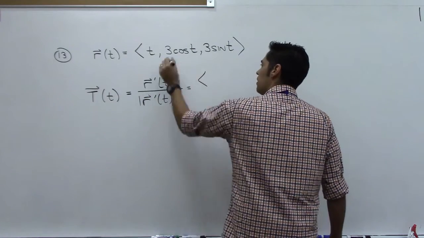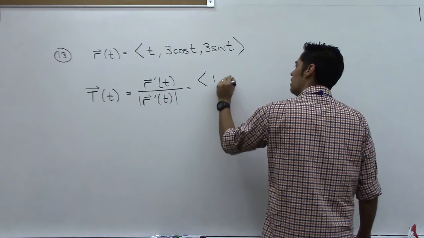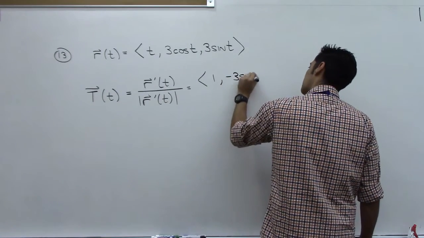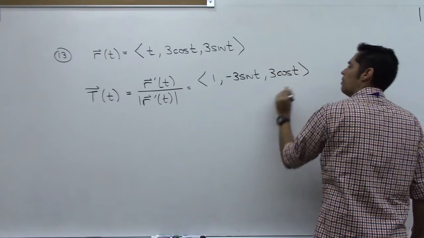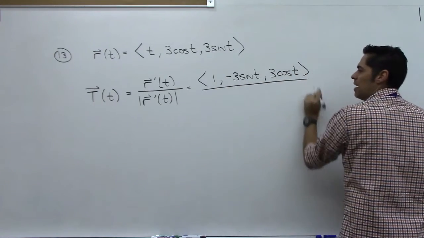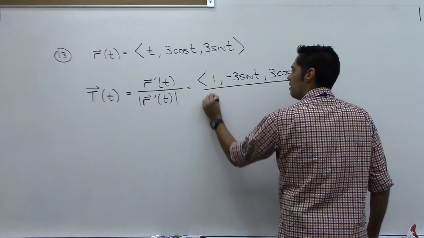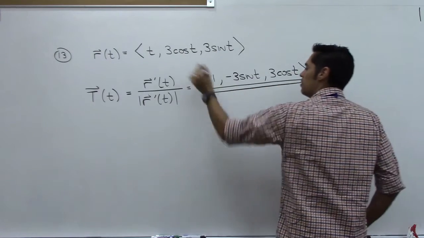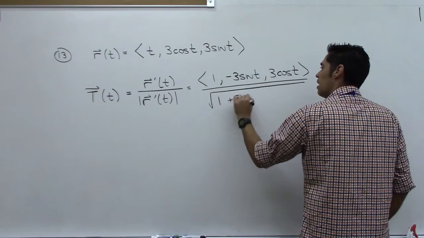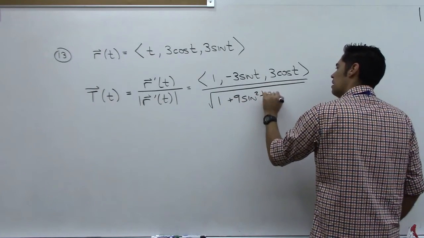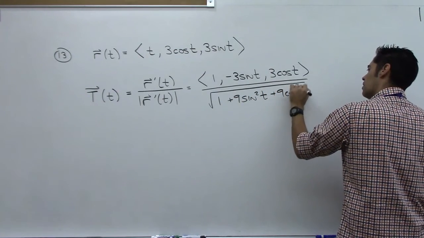So the derivative of this vector function is 1, negative 3 sine t, and 3 cosine t, but I want to divide that by, or scale it by, its own length. The length of this is the square root of 1 plus 9 sine squared t plus 9 cosine squared t.